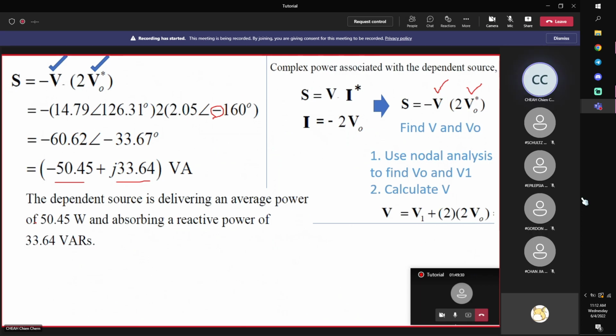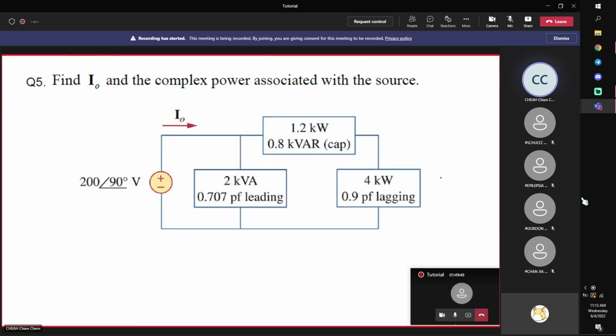Because it's negative, negative power means supplying. So it's supplying an average power of 50.45 watts. Any questions?